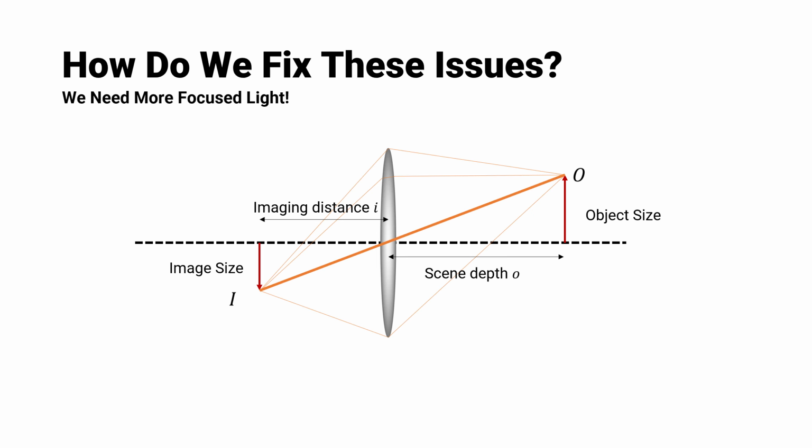Another thing I want to point out is that how much these rays bend depends on the lens's intrinsic property itself, and that is essentially the focal length. Intuitively, the focal length is how much you can zoom in, right? Like how much you see.